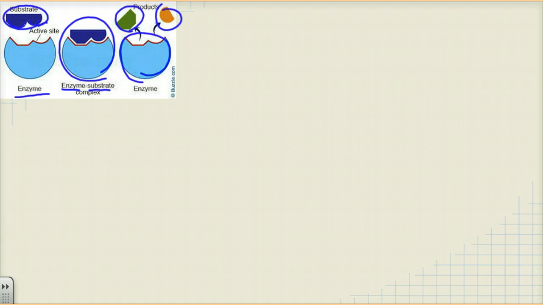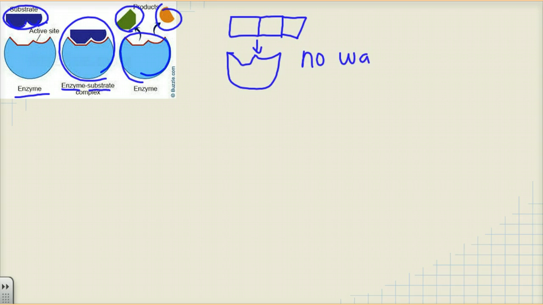If, for example, we have the same enzyme, I'm going to try to mimic this shape right now, and this is our macromolecule. Would the enzyme fit into the shape? No way.